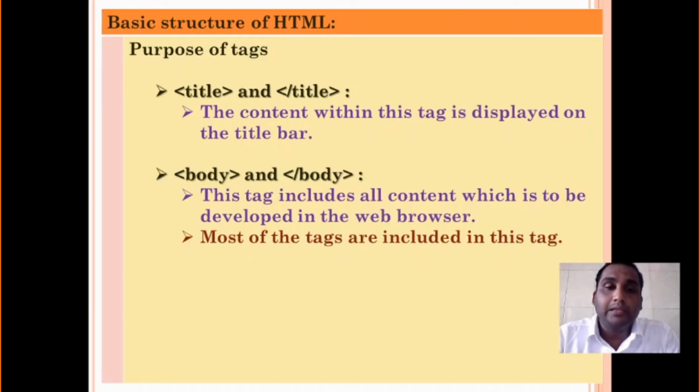And body tag includes all the content which is to be developed in the web browser, which is to be seen in the web browser's body section. Most of the tags are included there. There are a lot of tags to be written in body tag. So we will see all these tags one by one.